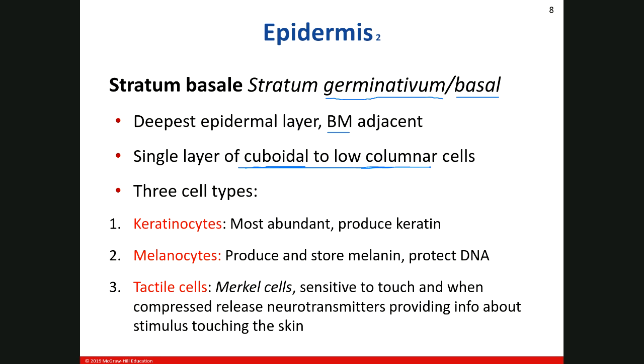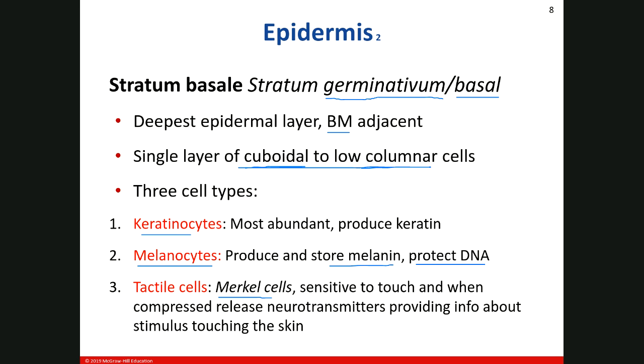Okay, so there's 3 cell types. We've already seen this, so I'll kind of move through this. The predominant one is the keratinocytes. We all know what they produce. They produce their namesake, keratin. Then we got melanocytes. They're going to make and store the melanin and share it with other cells around them. But that melanin protects our DNA. And then we got the touch cells or the tactile cells.